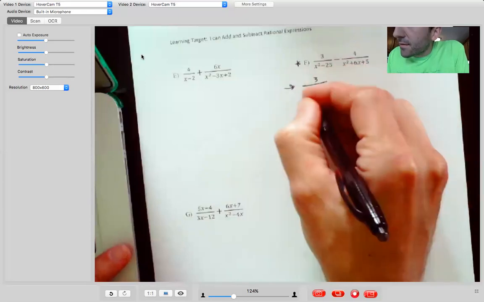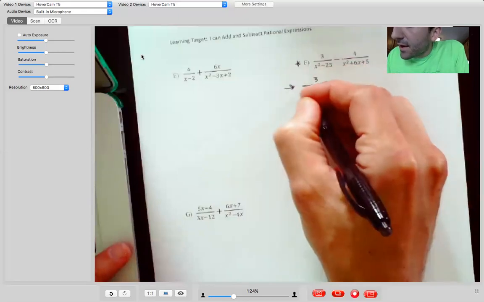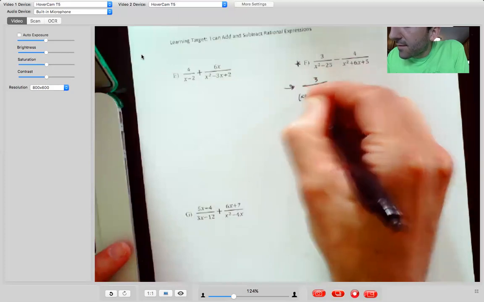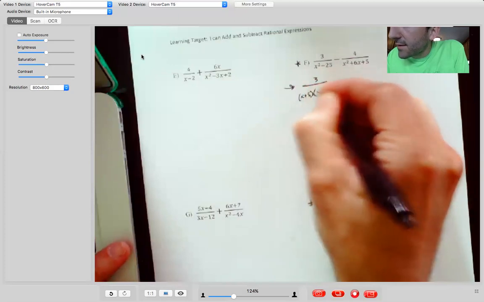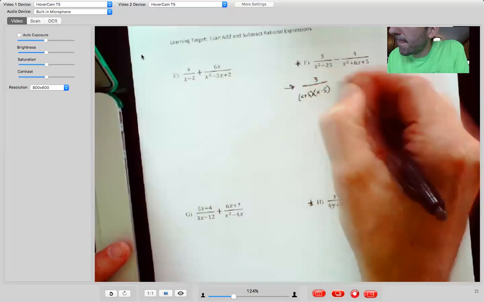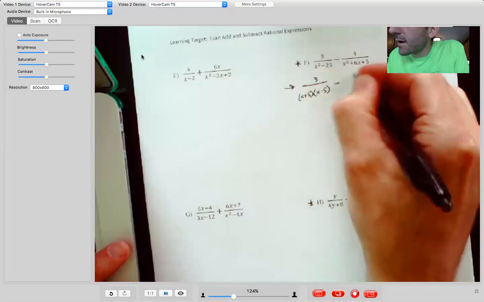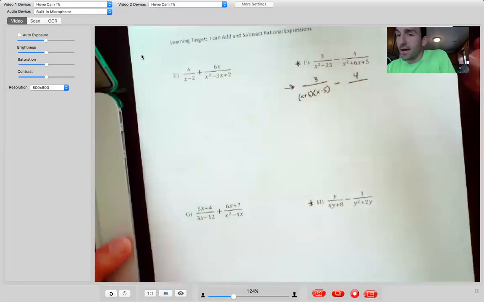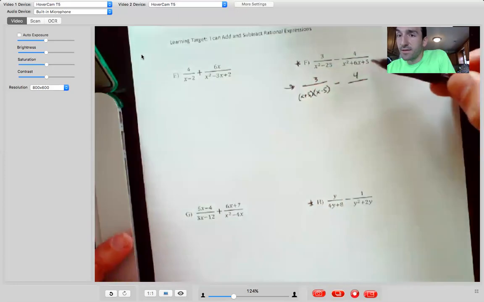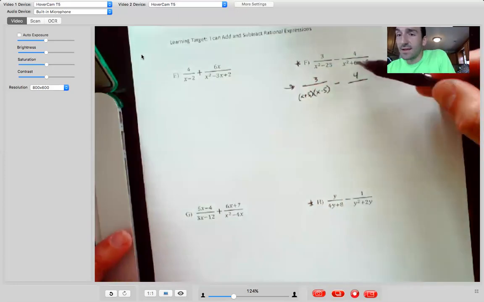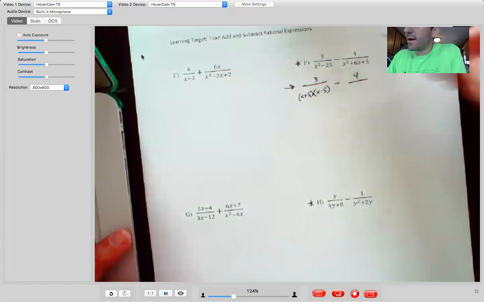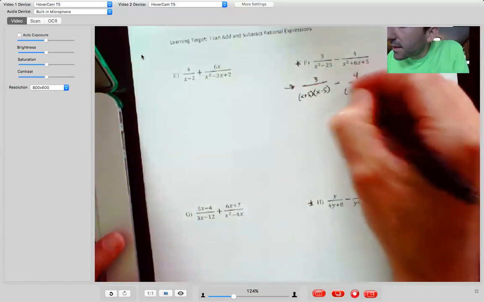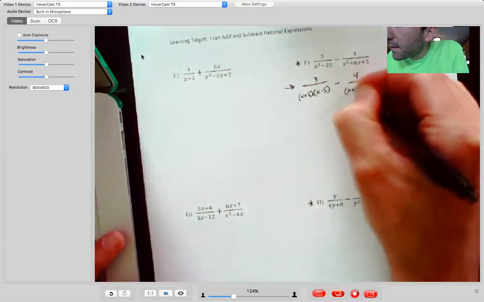So first one we're going to rewrite as 3 over x plus 5 times x minus 5, because that's a difference of squares, minus 4 over, so now what multiplies to 5 adds to 6, that'd be 5 and 1, so x plus 5 times x plus 1.